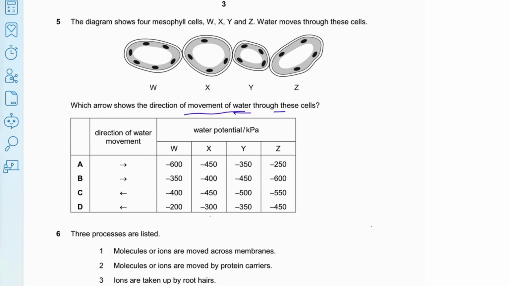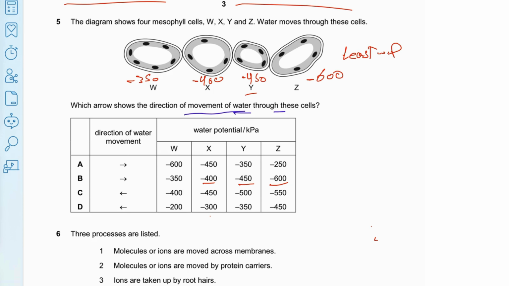You get it? Let's go for option B. What does it say? W is negative 350, X is negative 400, Y is negative 450, and Z is negative 600. Let's remember the rule: the more negative, the less water potential. Which one is the least? Excellent. Z has the least water potential, then Y, then X, then W. So W has the highest water potential.